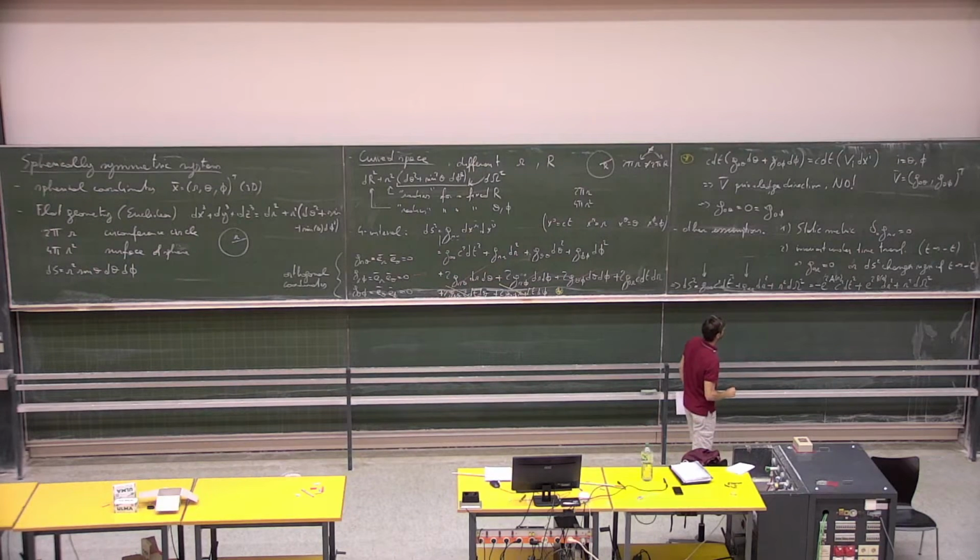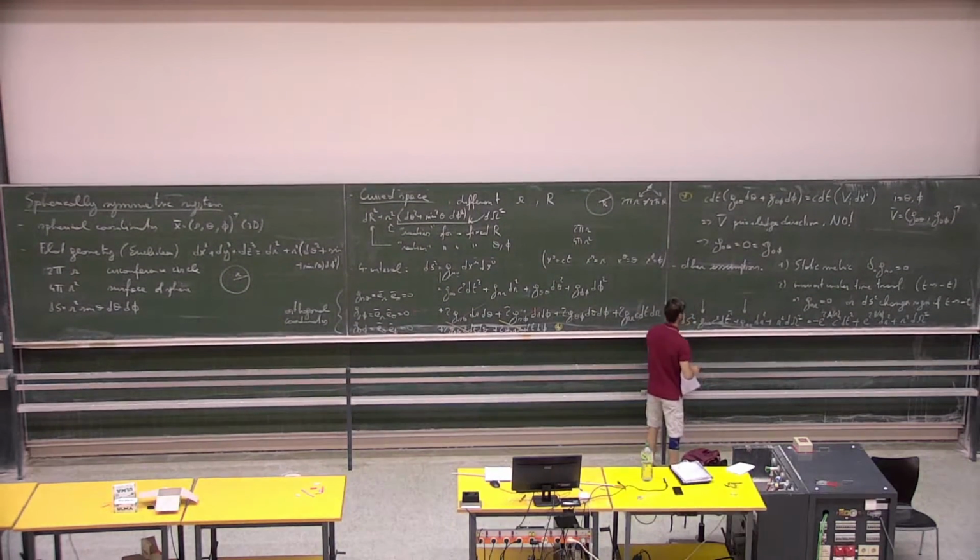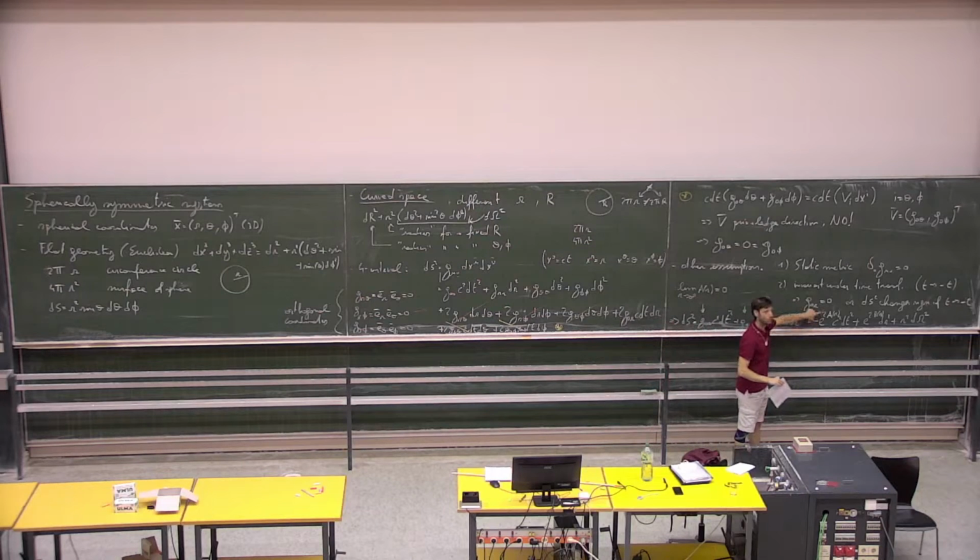What are the constraints on this metric, on these functions A and B? They must go to 0 at infinity. The limit for r that goes to infinity of A of r must be equal to 0, because e to the power of 0 gives you 1.